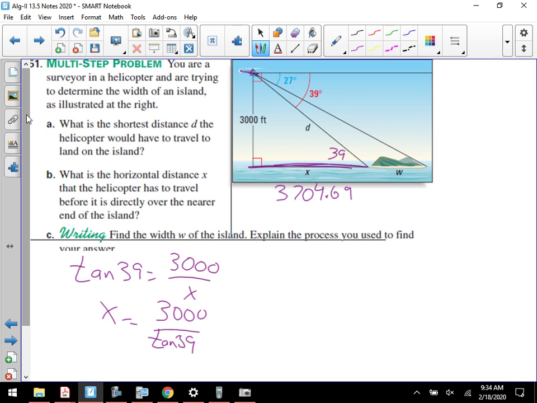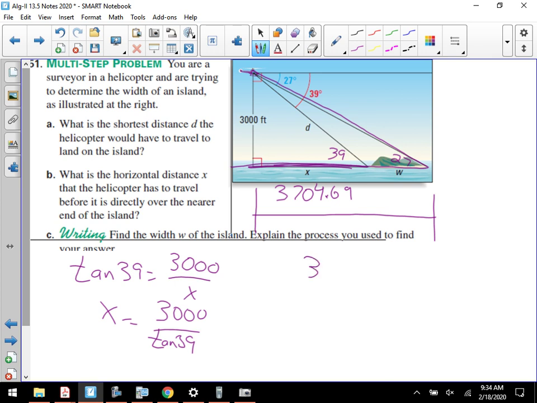Now the other one, what is it, 27 degrees? The 27 degrees down is also here. That gives you this overall distance. Find that, subtract the first one. You're still going to use tangent again, but now you'll use it with a 27 degree down.